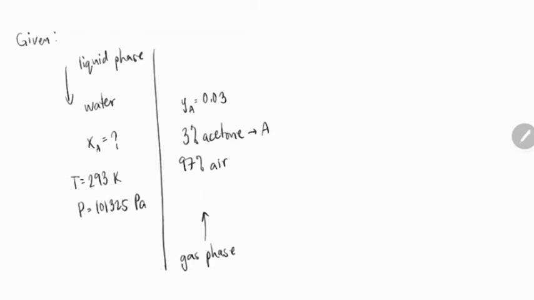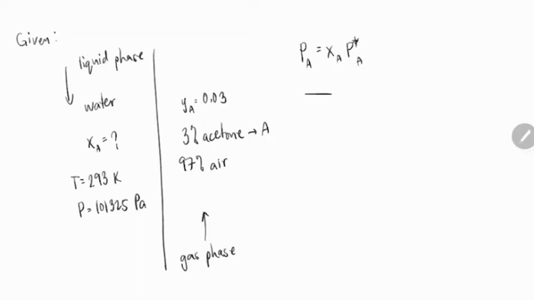For this problem, we will be using both Raoult's law and Dalton's law, because Raoult's law pertains to the liquid side and Dalton's law pertains to the gas or vapor side. So let's write Raoult's law as the partial pressure of A, which is acetone, is equal to the mole fraction of acetone in the liquid phase multiplied by the vapor pressure of acetone. Next, we write Dalton's law.